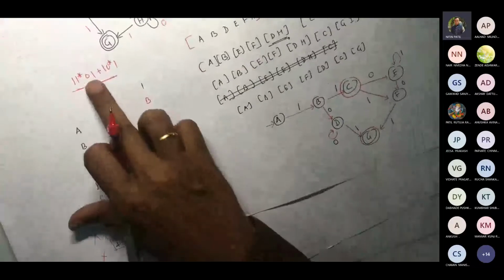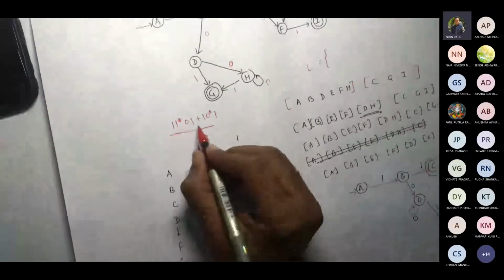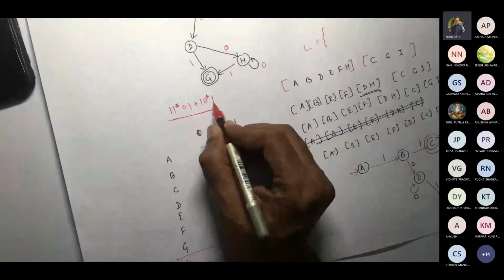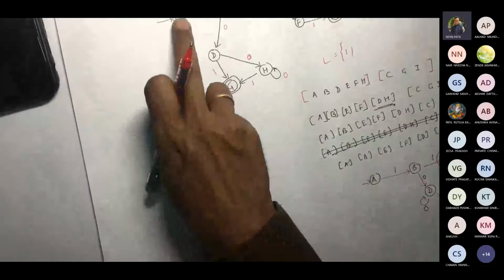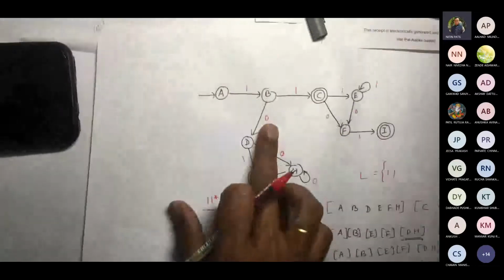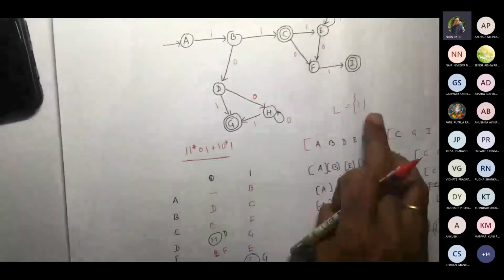Now let us take the strings. Let us take the first string, L. I will take simply 1 0 star 1. So I will take 1 1. The first string is 1 1.